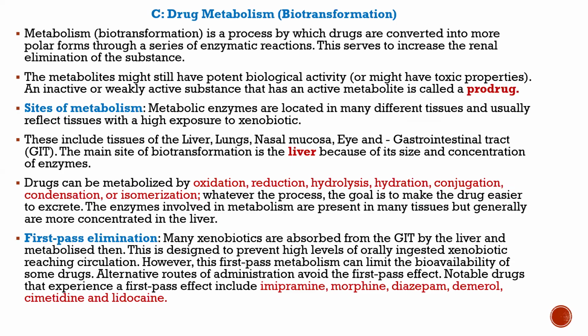It's a process by which drugs are converted into more polar forms through a series of enzymatic reactions. So this serves to increase the renal elimination of the drugs. The major aim of drug metabolism is to convert these drugs into more soluble forms, that is the water soluble forms, in order for these drugs to be easily eliminated or removed from the body.